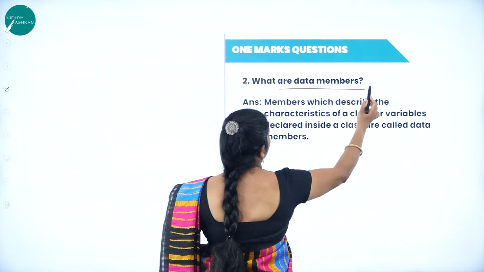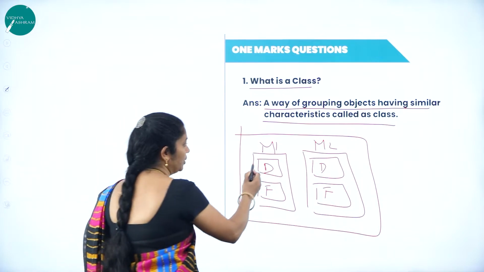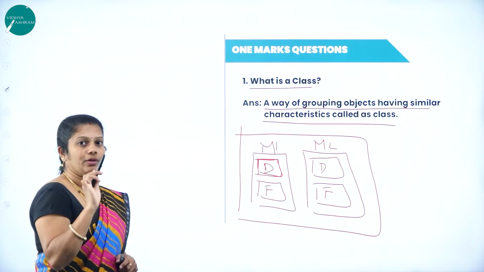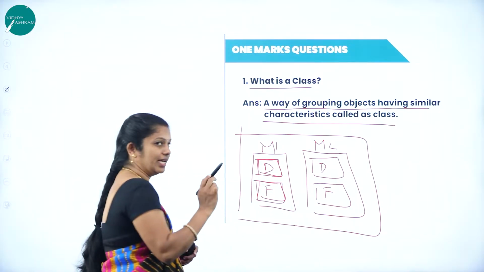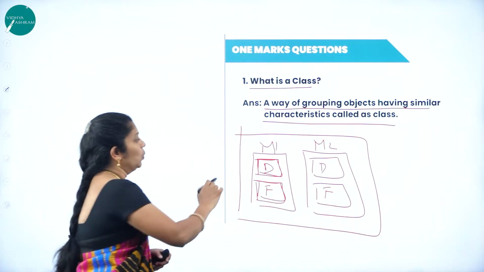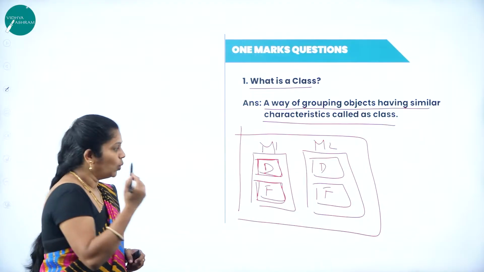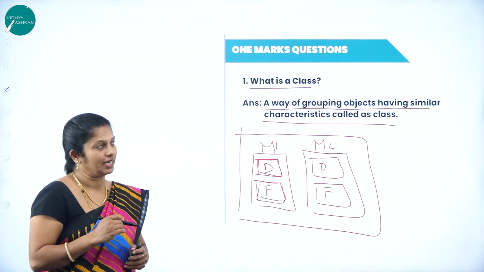Then next, what are data members? As I already told you, in the mobile we have the contacts. Those contacts can be called data members and the functionalities can be called member functions. Data is nothing but the variables which we use in the program, whereas a function is nothing but a set of operations that we can perform on that.